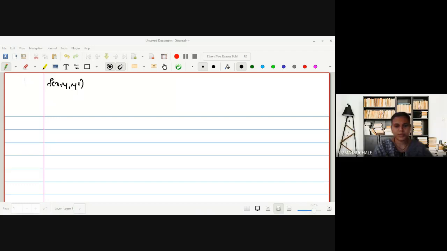Okay. F of x. Next we have seen for f of x, y dash, y double dash. And next we have seen for f of x, y i, and yi dash. So what is the difference? Here f is simply a function of x, y dash. Here it is a function of x, y dash, y double dash.